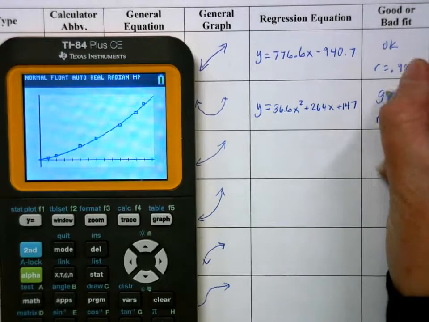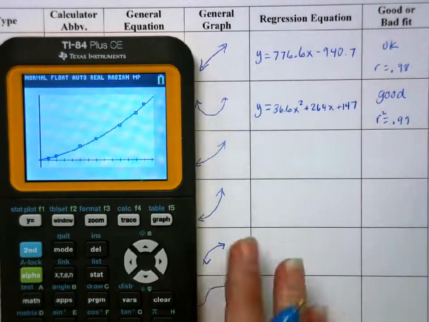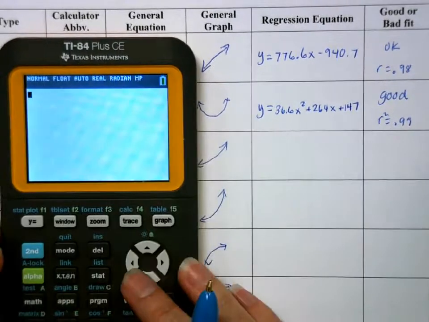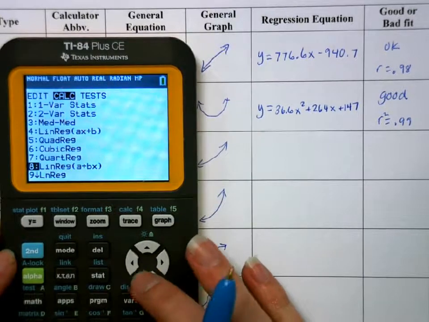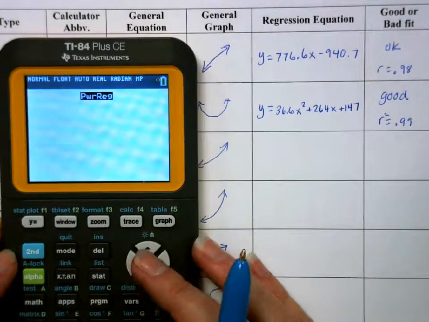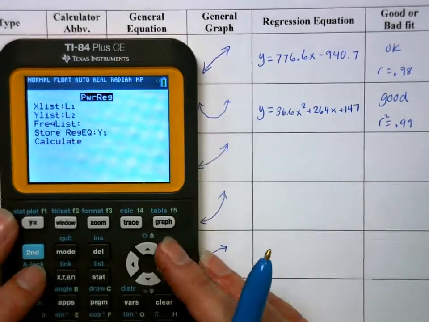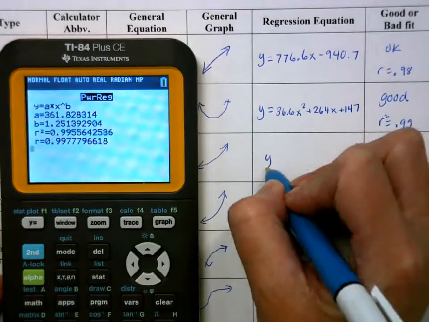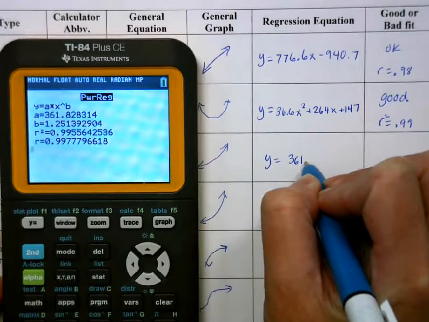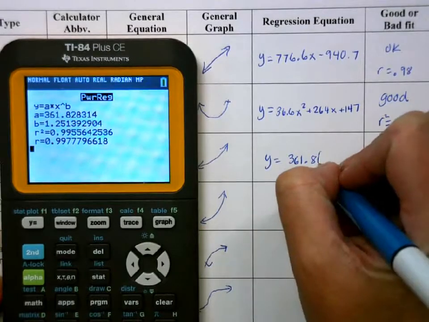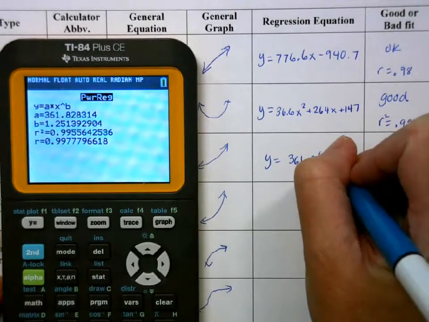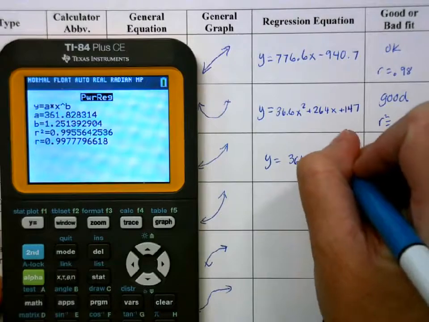Next is a power regression, so stat, calc, power. We're going to store it in Y1. Times x to the b, which is 1.25. Okay, so let's see.